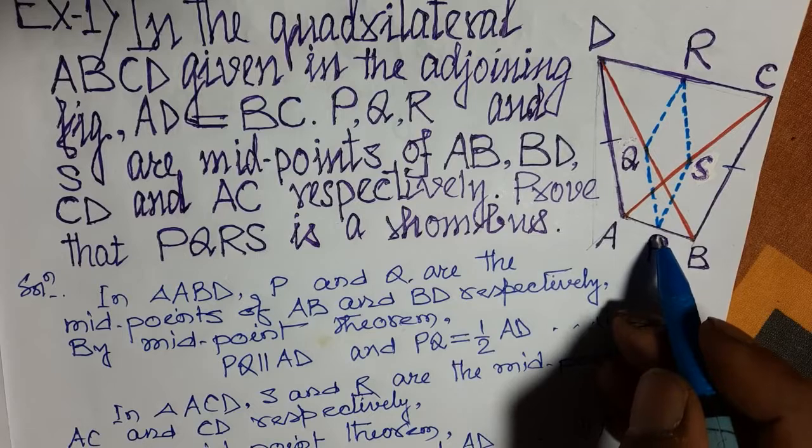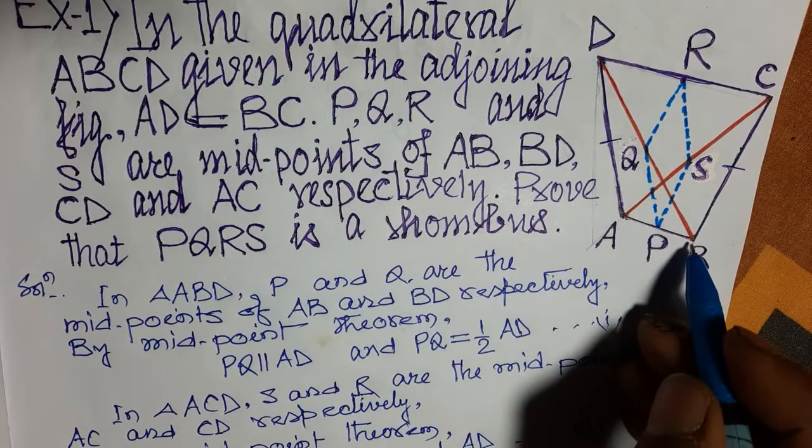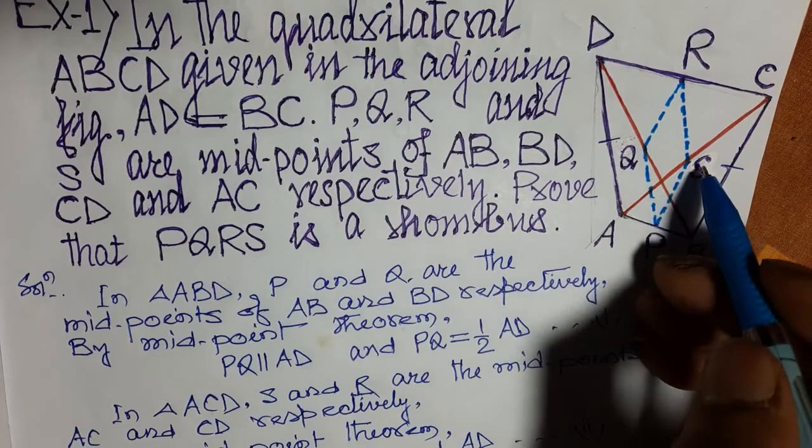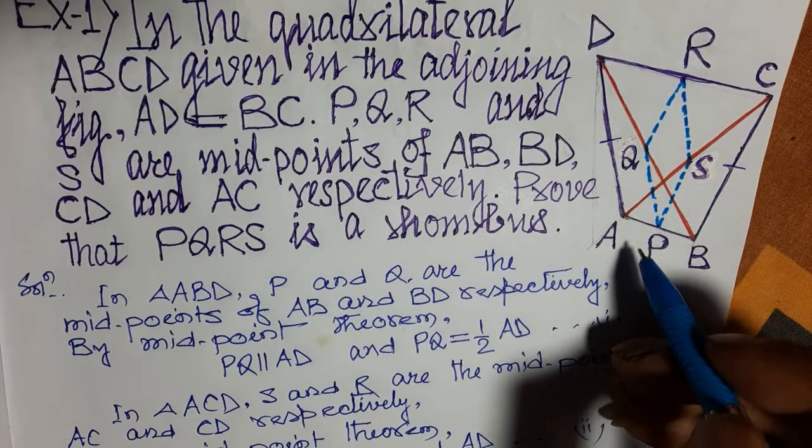P is the midpoint of AB and S is the midpoint of AC.